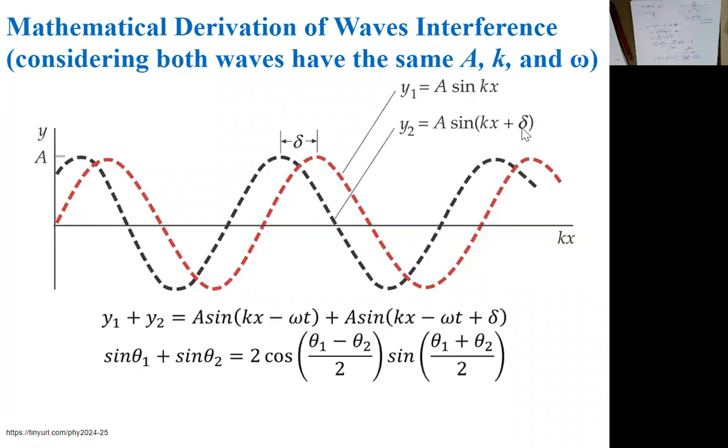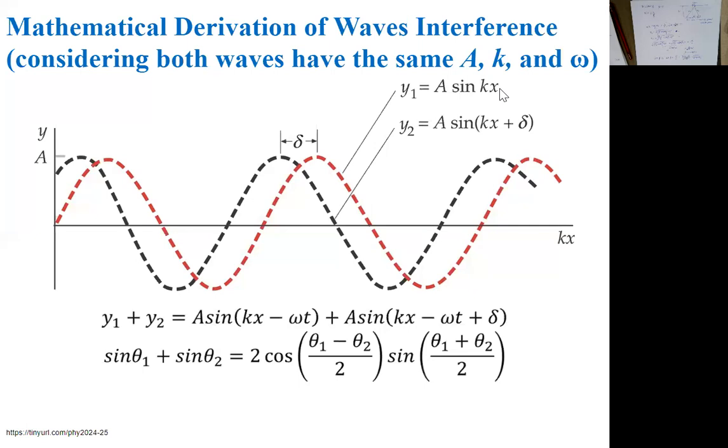So if you write the two waves in mathematical form like that, then when the two meet, you can actually add them up. In this case, I think I forgot to include the time dependence of the wave. Okay, so for wave, you can imagine it's going to be position dependent as well as time dependent.